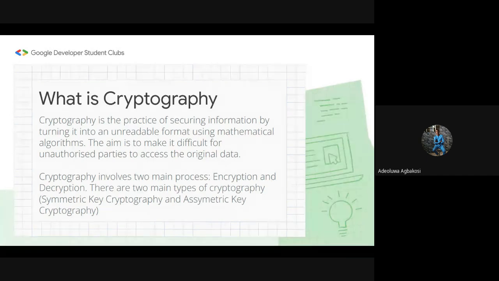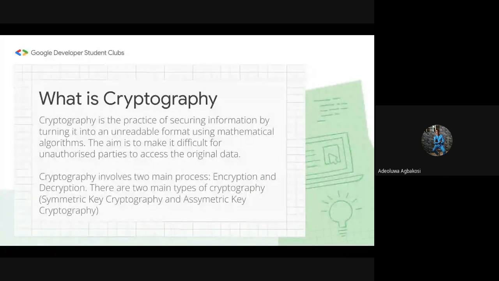Now, cryptography is the practice of securing information by turning it into an unreadable format using mathematical algorithms. The aim is to make it difficult for unauthorized parties to access the original document. On Thursday, that was the last class, Shalom explained what encryption and decryption is.